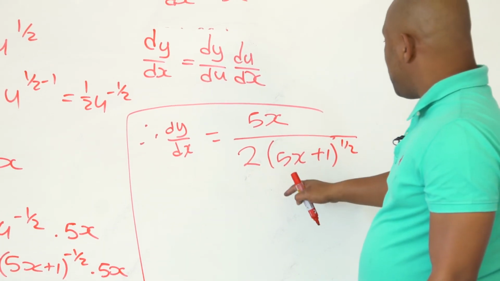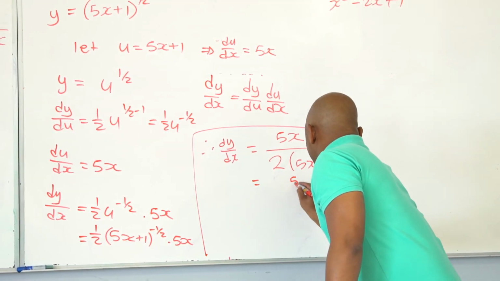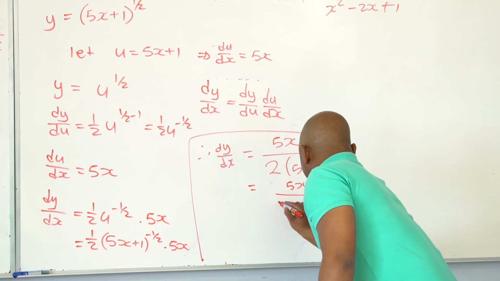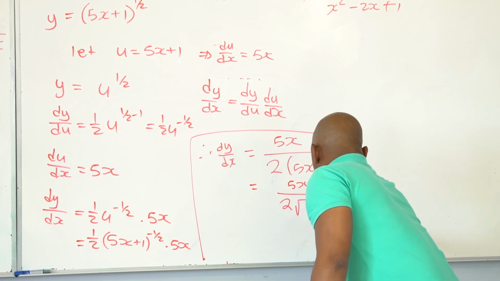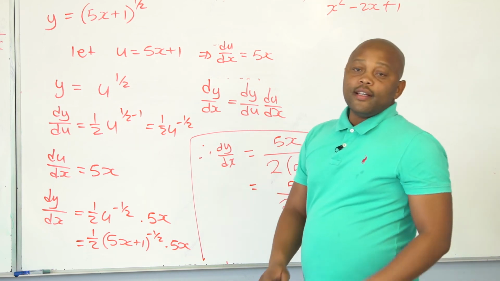This is the same as 5x all over 2 square root of 5x plus 1. Easy stuff.